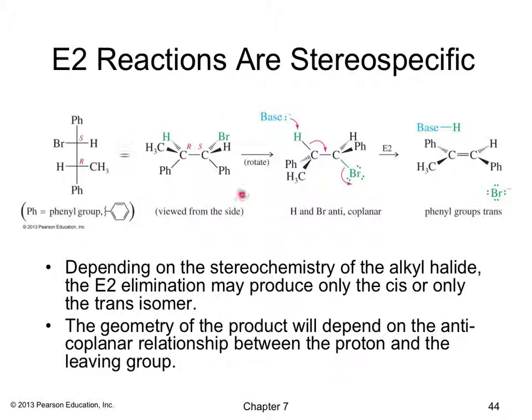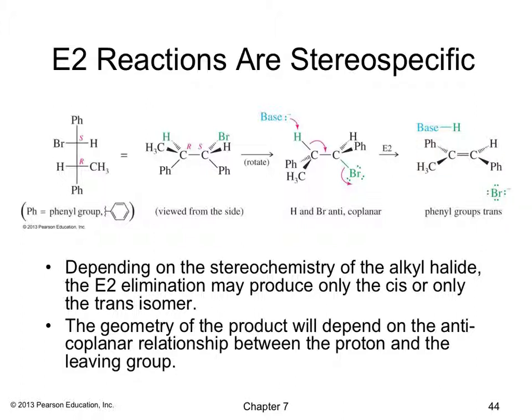Then you can reconstitute it here with the wedges and hashed bonds. And so you want to rotate so that you can generate the H and Br in the anticoplanar form, and so you can then perform the reaction so that you eliminate and you generate the alkenes. And when you generate the alkenes, this generates the trans.